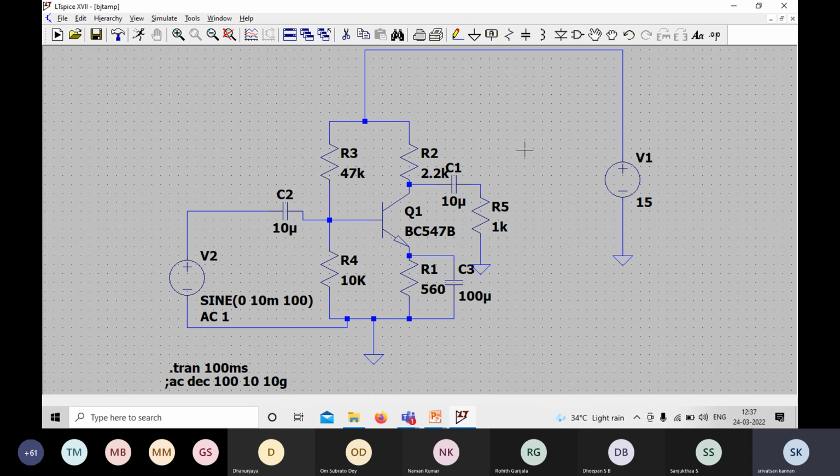So what analysis do we need to use for bandwidth calculation? AC sweep, AC analysis. Yes, sir. So go to AC analysis, edit simulation.